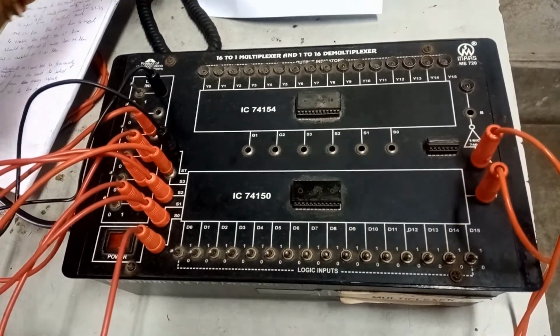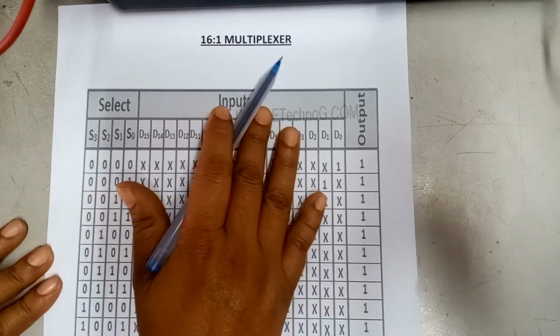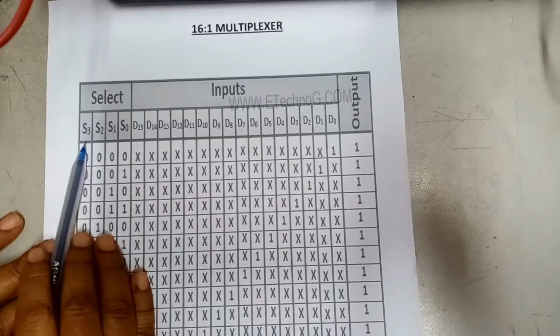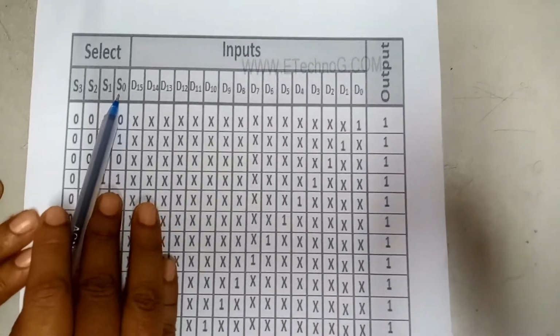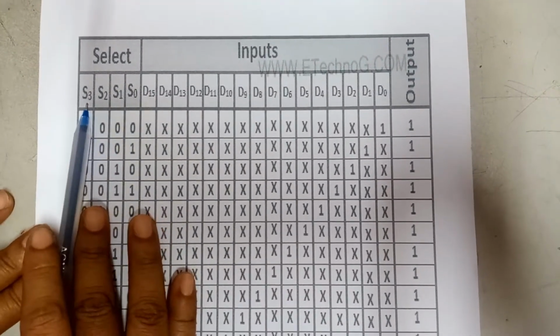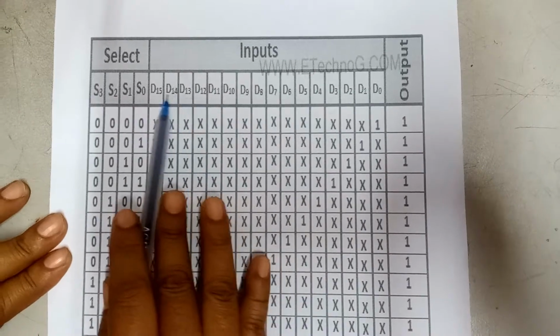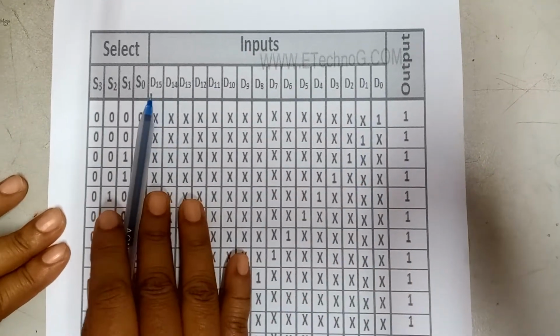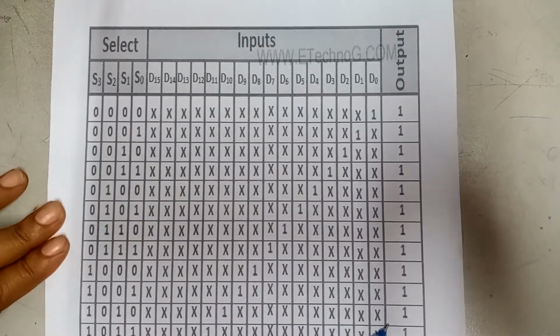So now, before turning the kit on, we should refer to the truth table of the multiplexer. Students, you can see this is the 16:1 multiplexer, and there are 4 select lines as in the kit, S0, S1, S2 and S3, and 16 inputs from D0 to D15 and a single output line.